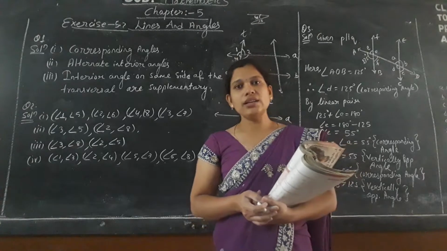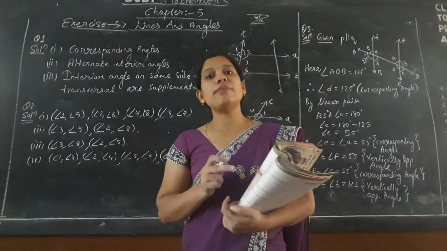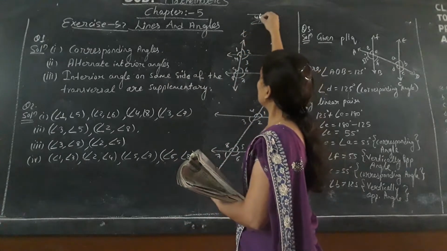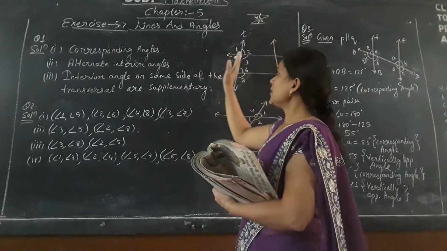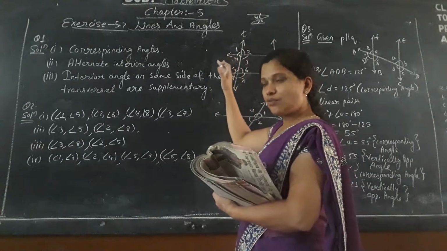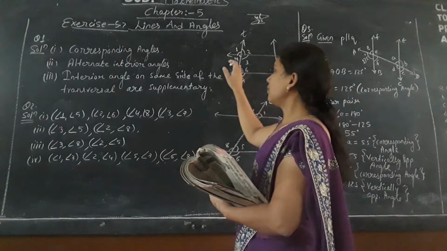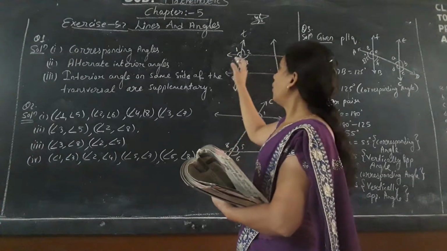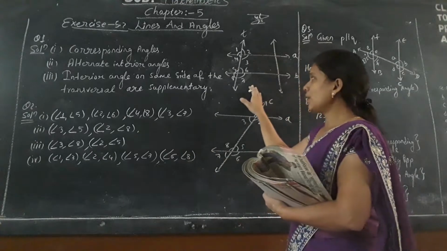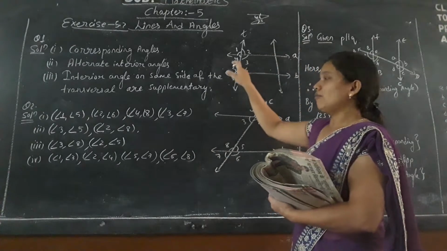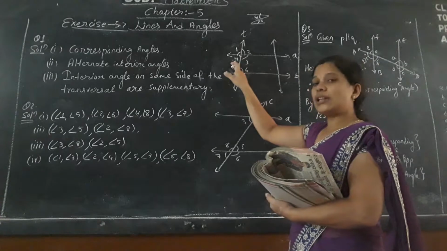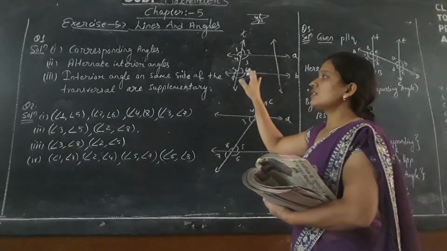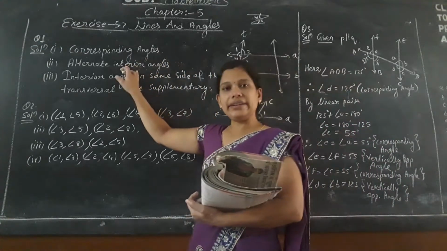An alternate interior angle is the angle made by the letter Z. It is made with the help of a transversal on the lines A and B. One of the angles will be present on the left side of the transversal, and the other on the right side. Such angles are said to be alternate interior angles.